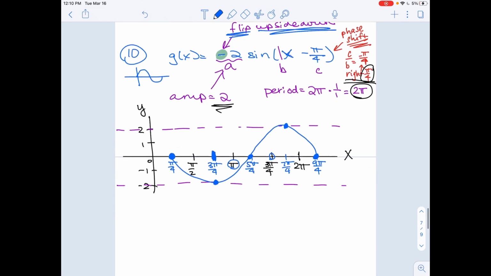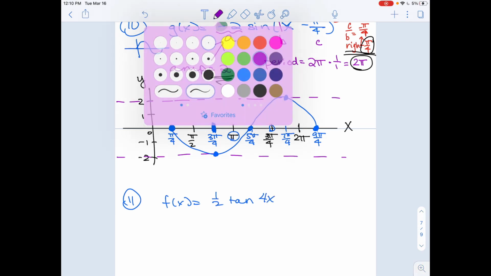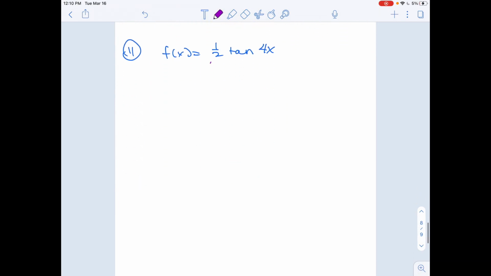All right, let's graph number 11. So number 11 says, graph f of x equals 1/2 the tangent of 4x. So let's talk about how this is different. A couple of things: the amplitude is 1/2, which just means for tangent, the bend, instead of being at the value of y equals 1, is going to be at 1/2.